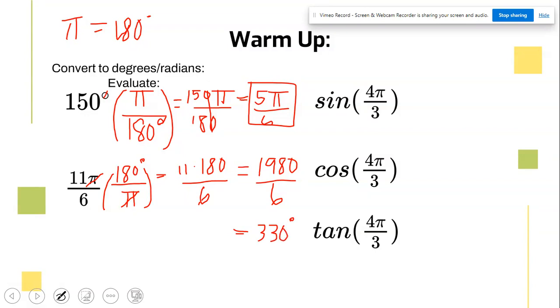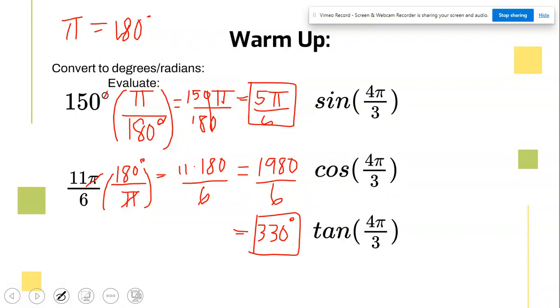You also, based on your knowledge of the unit circle, remember that 11 pi over 6 is in quadrant 4, the almost last one before 360 degrees, and that one is 330. And would you look at that? The math works out.